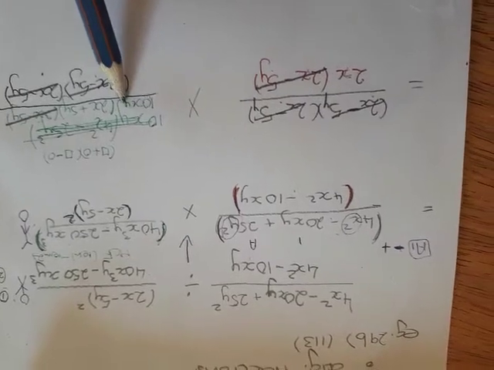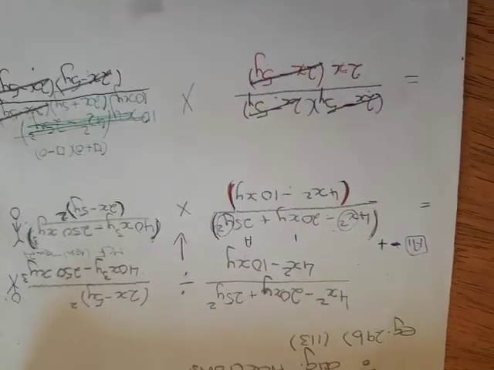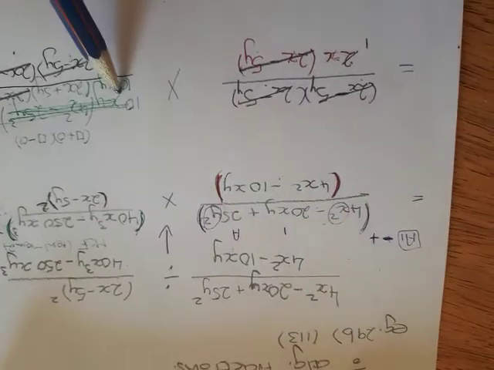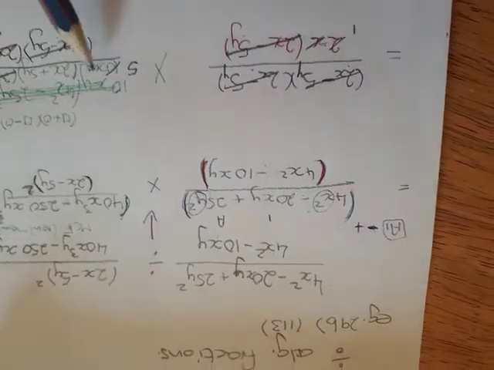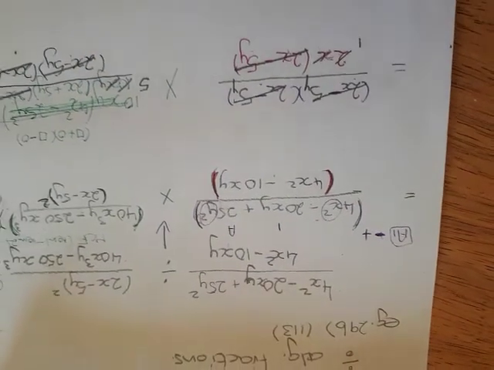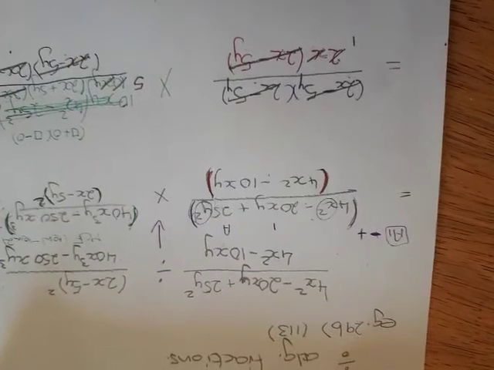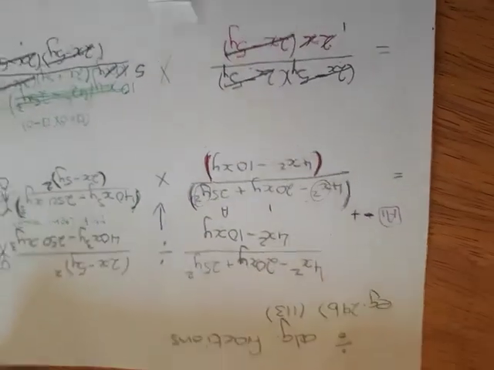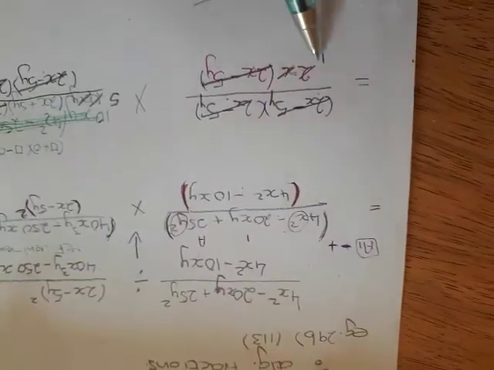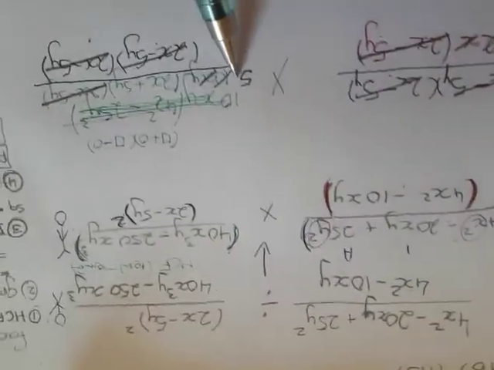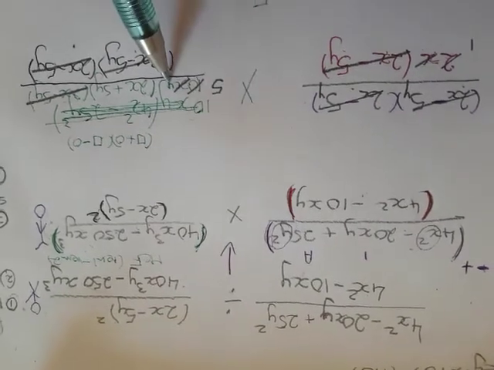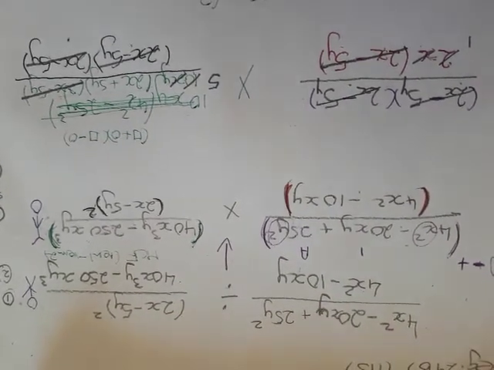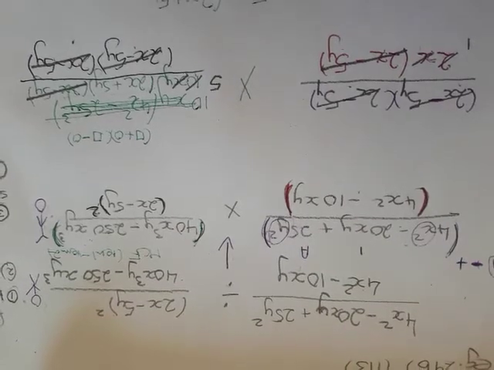And then lastly, don't forget there is a 10xy and a 2x, so I can cancel the 2, and this gives me a remainder of 5, and I can cancel the x and the x. So when you look at what is left over, I have only a 1 here and only a 1 there, which means I've got this remainder, 5y, don't forget the y, then 2x plus 5y.